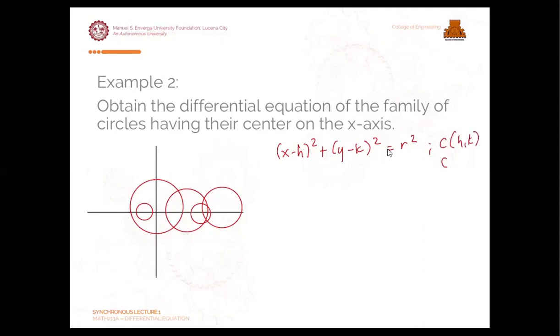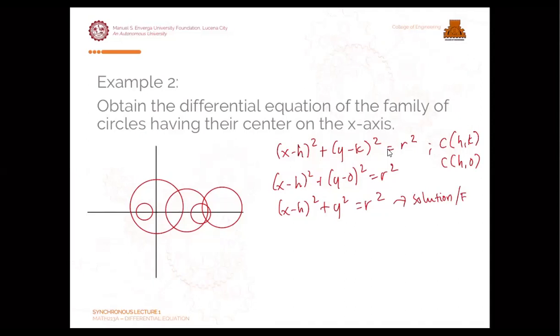So, ang nagbabago lang sa kanya is yung h, then yung k natin ay 0. Okay? So, substitute natin. So, x minus h squared plus y minus 0 squared is equals to r squared. So, yung solution natin is x minus h squared plus y squared is equals to r squared. Okay? Pero again, ito ay solution pa lang to. O yung function na tinatawag natin.